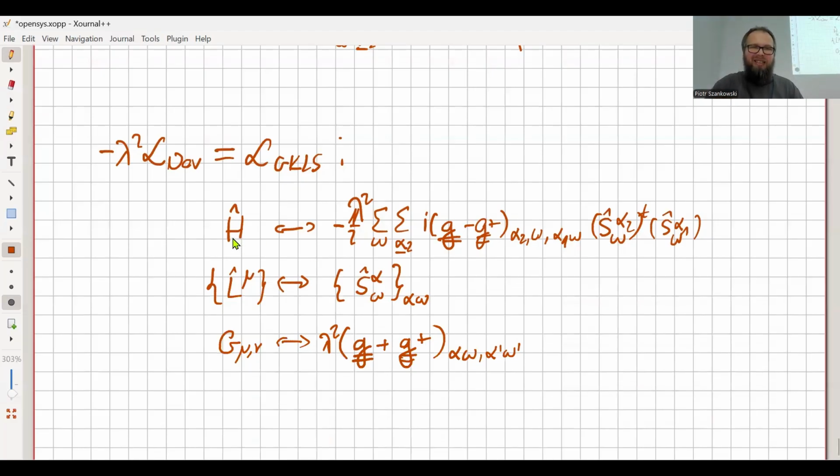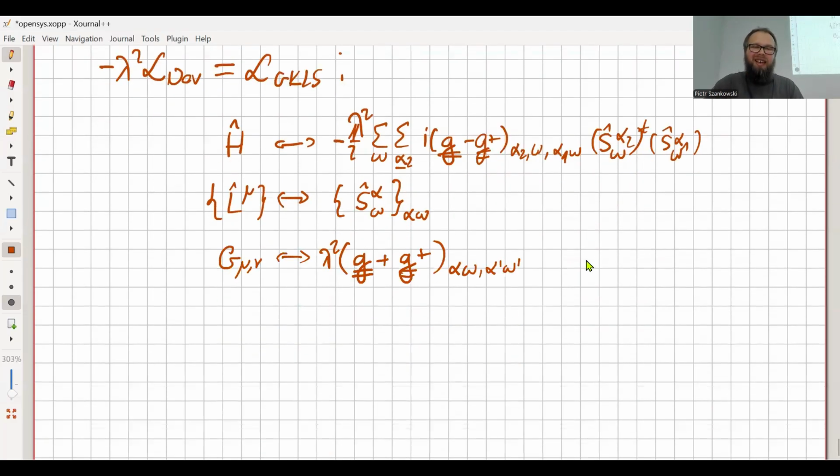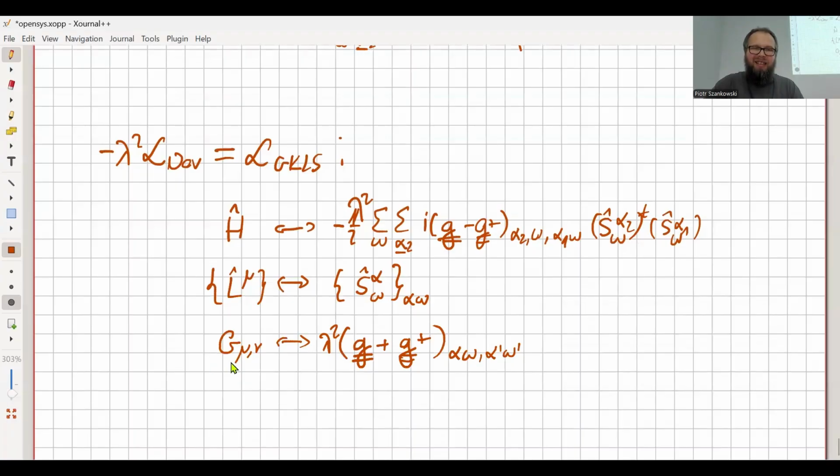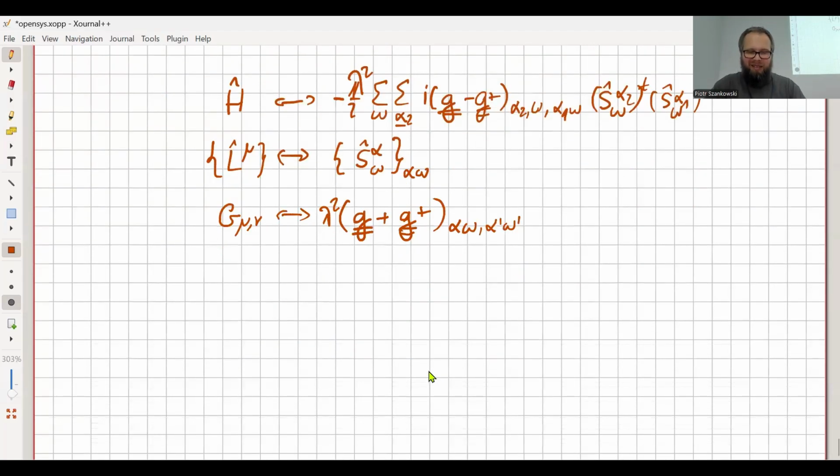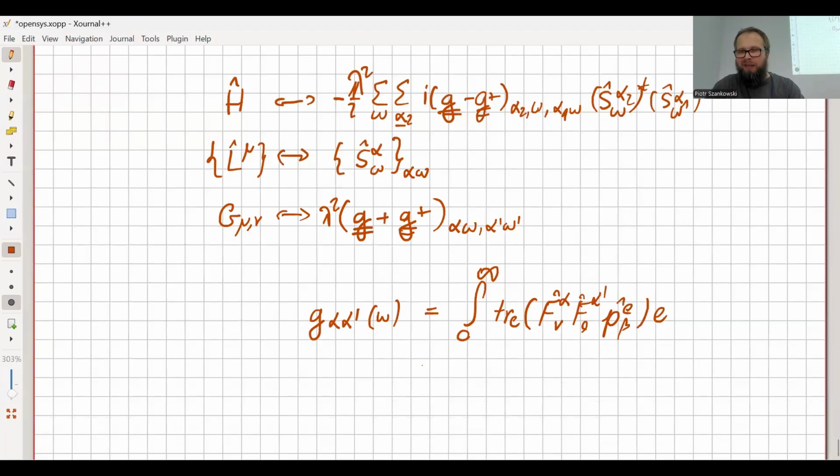You have this H, this shift of the Hamiltonian, that's some monstrosity, and the coefficient, this matrix G, is related to, just to remember the G, alpha prime omega, this was like a half of the Fourier transform of the correlation function of the environment-side coupling operator. Okay, just to recall what the G is.